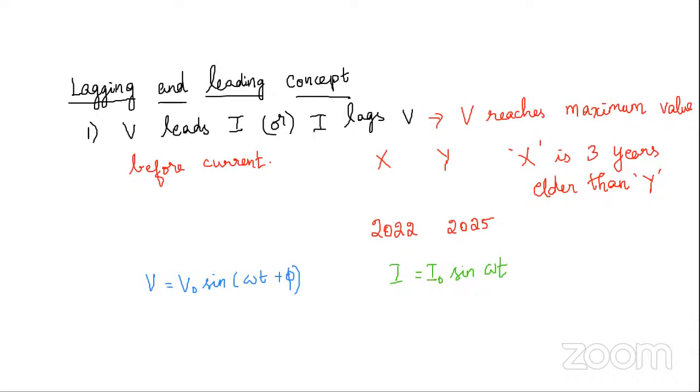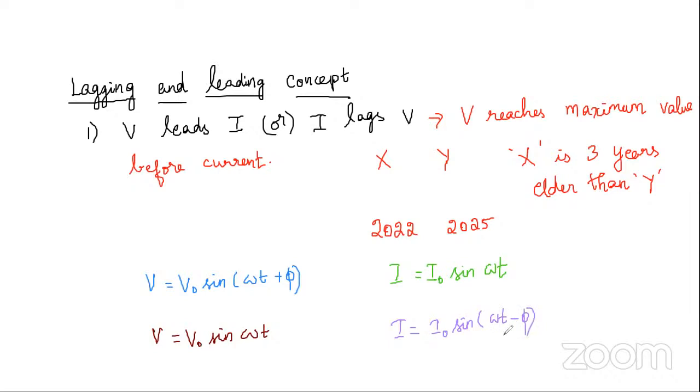Or it can also be the other way around. If V is equal to V naught sine omega t, in that case, what is the value of I? I will be I naught sine omega t minus phi.